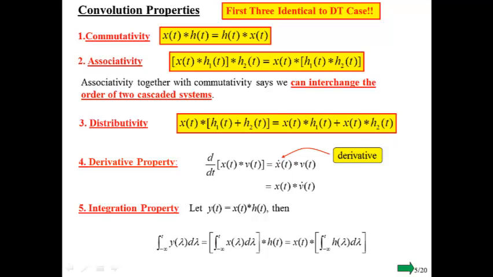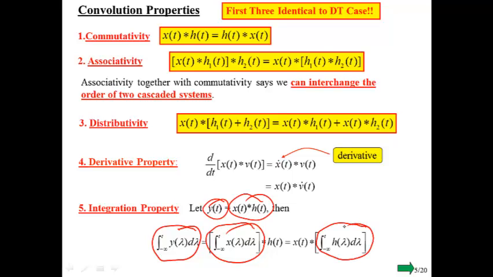And similarly, we have an integration property that says if I convolve x and h to get an output, and I were to take the running integral of that output, I could find that in one of 2 alternate ways. I could either first take the running integral of the input and run it through the system, or I could define a new impulse response by first taking the running integral of the system's impulse response, build that system, and put my original signal in.